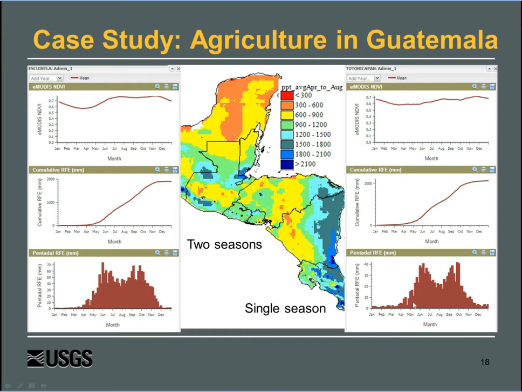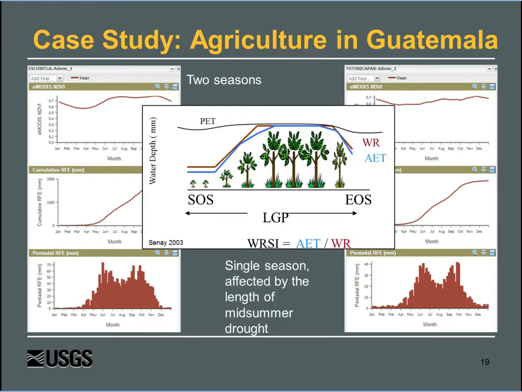So then when we go back to our definition of the WRSI, we see that the requirements for the south are fulfilled right before the midsummer season.